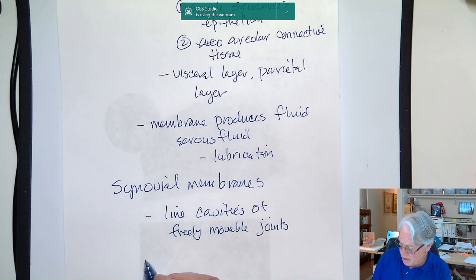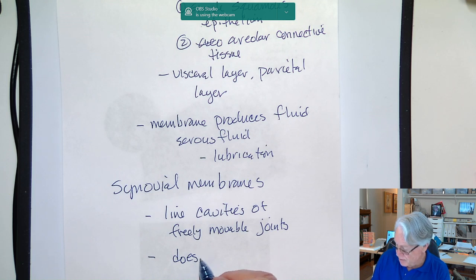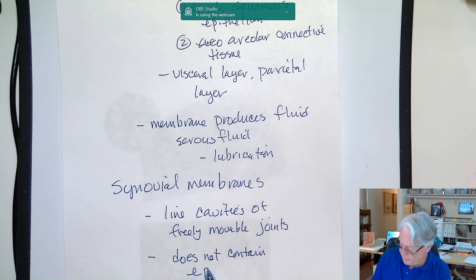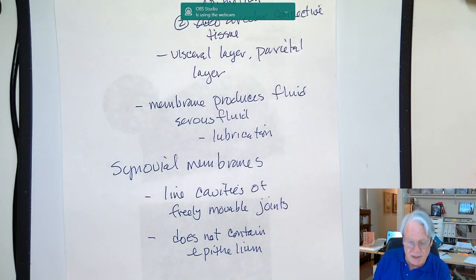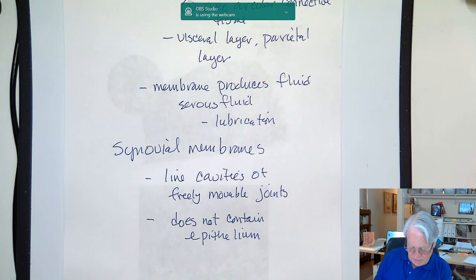Okay. This is the exception to the rule, it does not contain epithelium. That sounds like a question on the exam to me. Okay. It does not contain epithelium, and in fact it is areolar connective tissue.